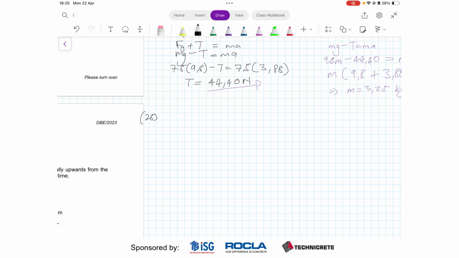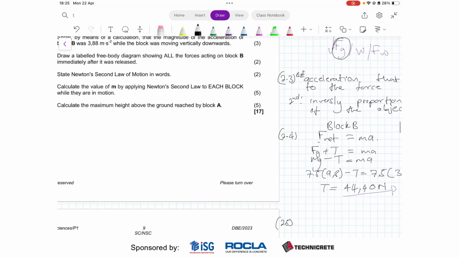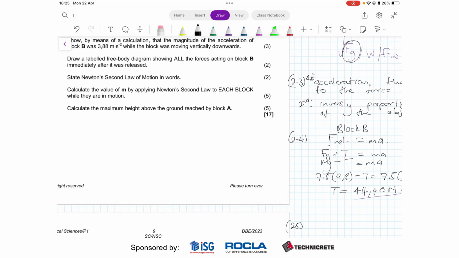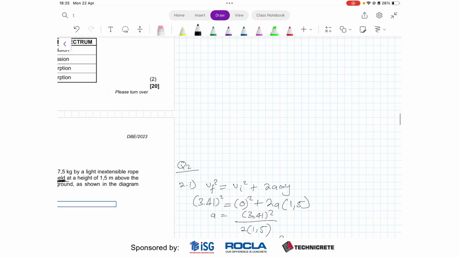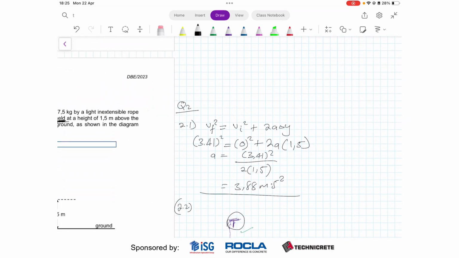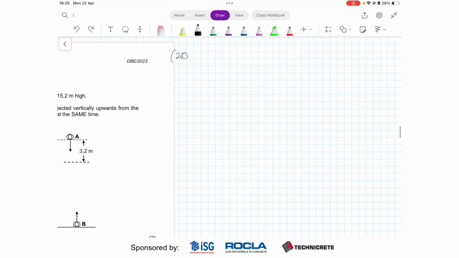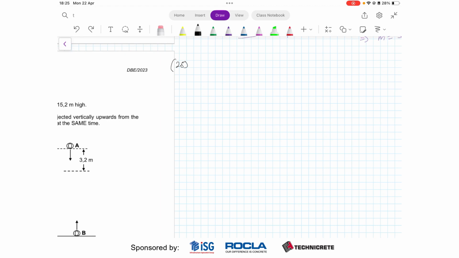If we choose upwards as positive, we're looking for the maximum height above the ground reached by block A, and in the same vein as when we were trying to find the acceleration here, we may use the exact same formula to determine the change in displacement for block A.